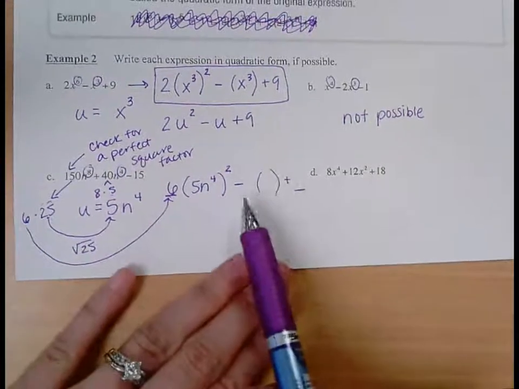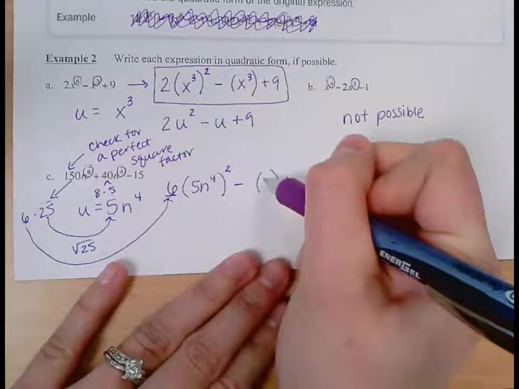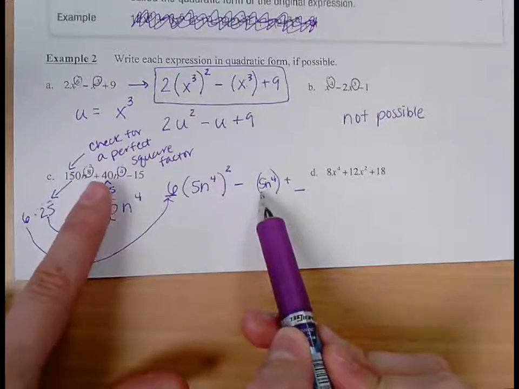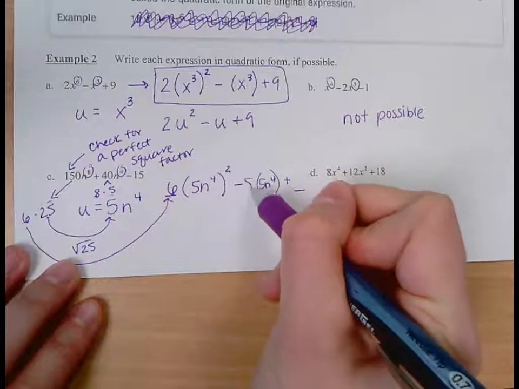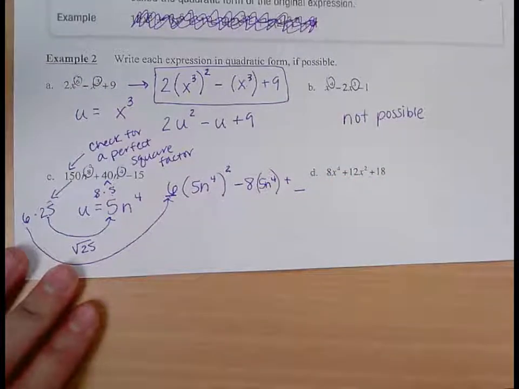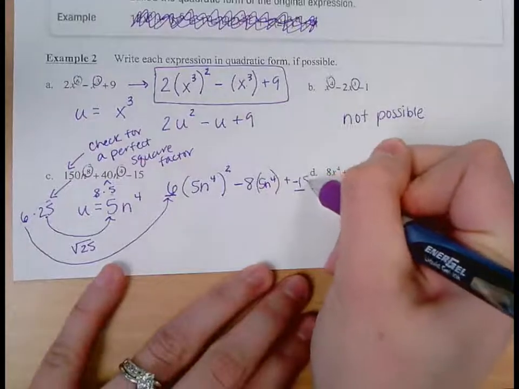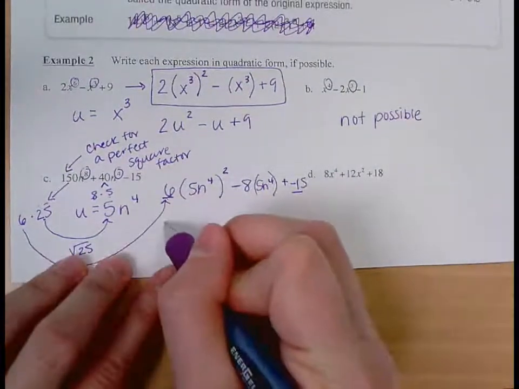Okay, then the middle term, again, I know in the parentheses, that's where u is going, the 5n to the 4th. And when I divided the 40 by the 5, I got 8, so 8 goes on the outside there. And then my constant of minus 15, that just stays. So this, let me just write it a little bit better.